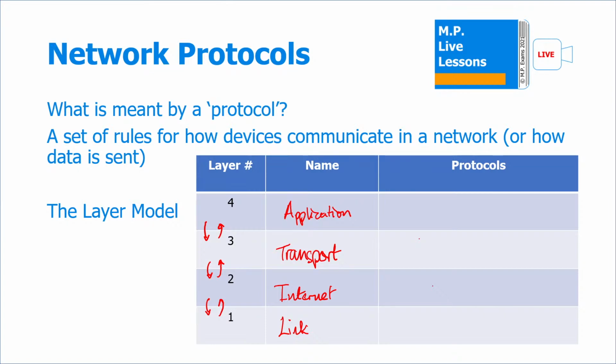Now the protocols at the application layer will include websites. So that'll be HTTP, HTTPS. That's for viewing website files on your screen. You can also have FTP, which is File Transfer Protocol, SMTP, IMAP. Those are messaging protocols to send messages.